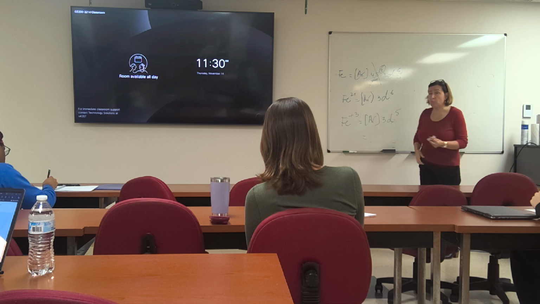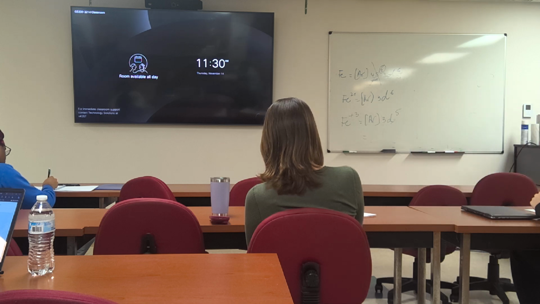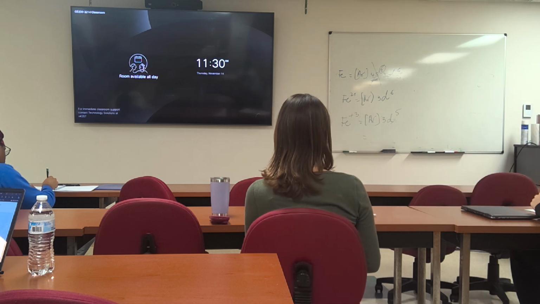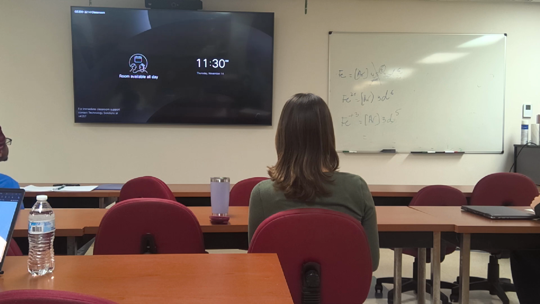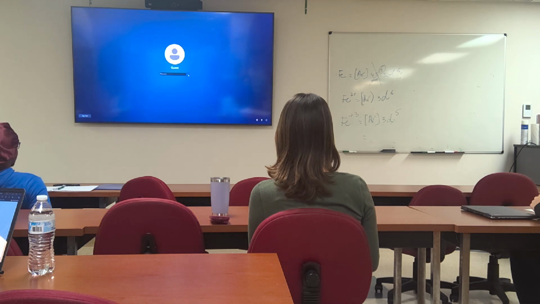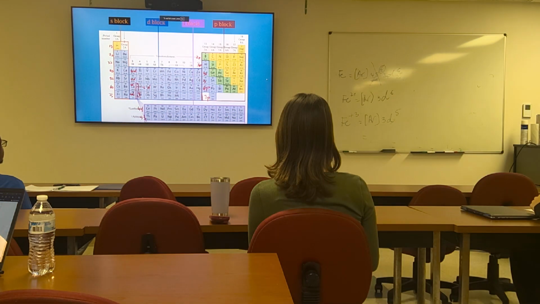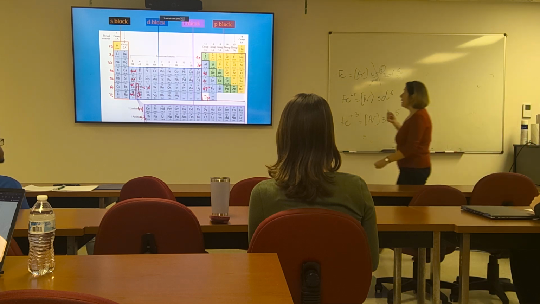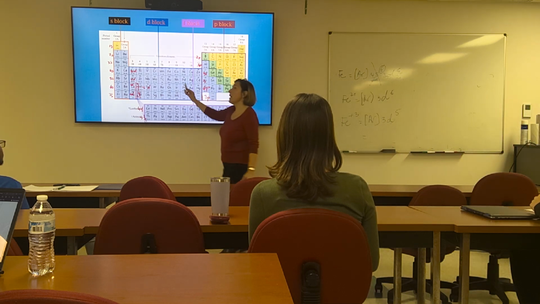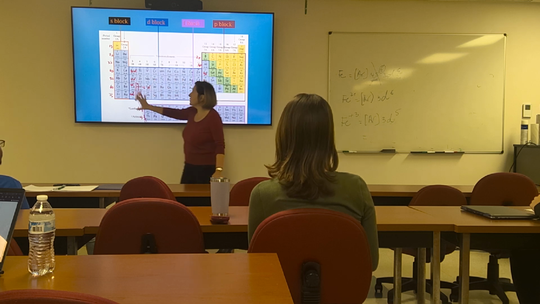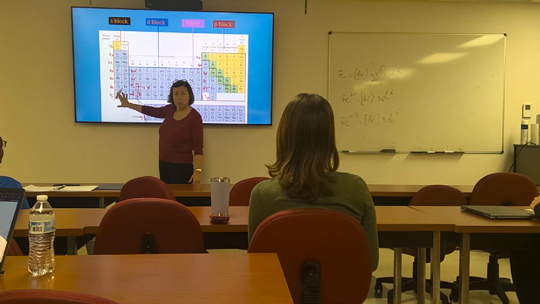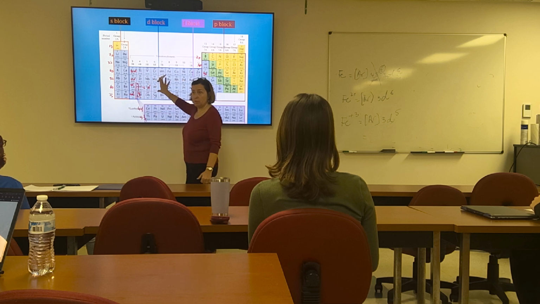So what I want to point out to you is that when the multiple charge ions happen, they happen because these elements have the ability of losing electrons from the s orbital and also from the d orbital.